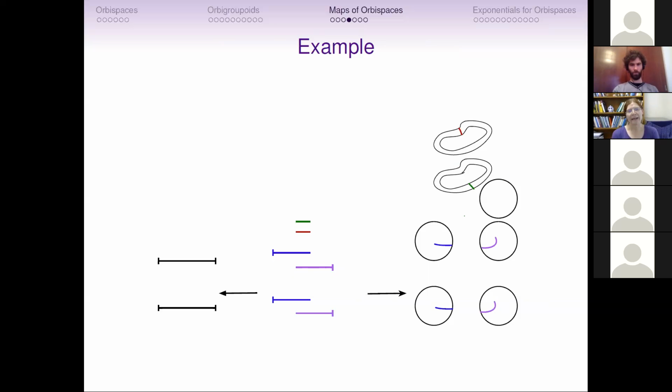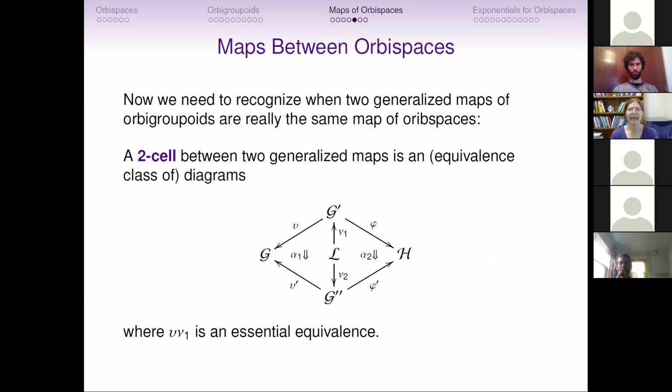So what I have to do is take I and replace it by this equivalent one with lots of colors, the broken interval, and say, well, that's the same Orbispace, and now it's got enough wiggle room that it can represent that path. And now we recognize that we have these generalized maps representing our maps of Orbispaces.